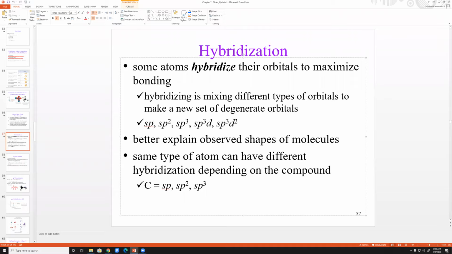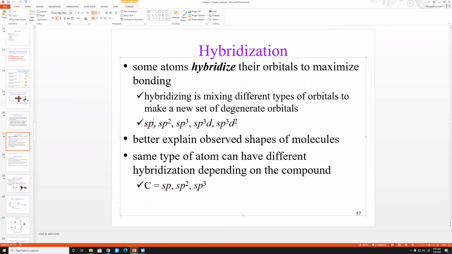You have an s orbital from a hydrogen and a p orbital from a carbon, and they overlap to share electrons. That's how we call it a hybridized orbital. It averages the energy between the s and the p, making it a hybrid orbital. That's how any bonding occurs.